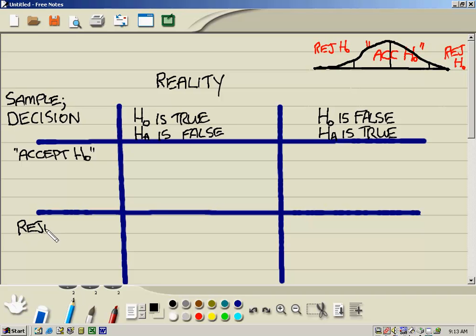And so we say the sample value is too far from the hypothesized value, and when we reject the null, we turn around and accept the alternate.